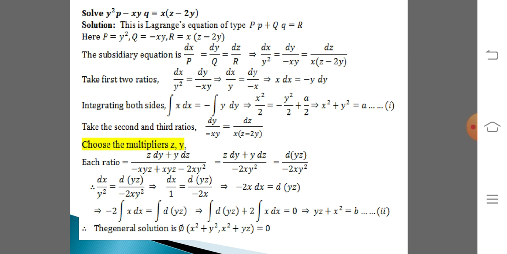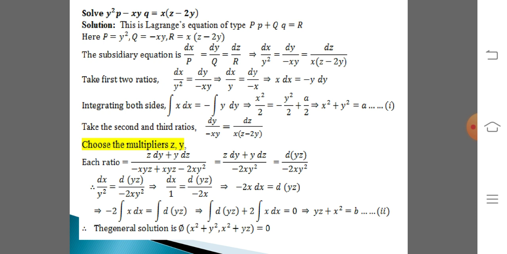You cancel y on both sides because it is a common factor. After cancelling y, we get dx by y equal to dy by minus x. You group x dx on one side, y dy on another side. You get x dx equal to minus y dy.